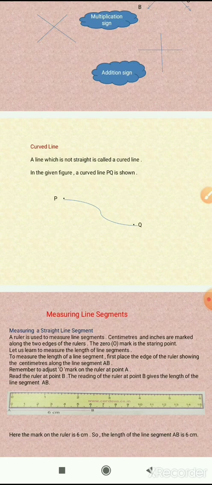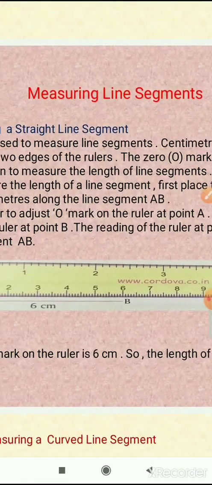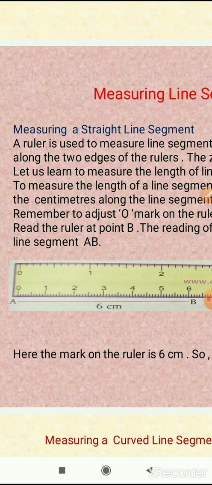Okay, to measure the length of line segment, first place the edge of the ruler showing the centimeters along the line segment AB. So see here we have taken one example. So here we draw a line segment AB.